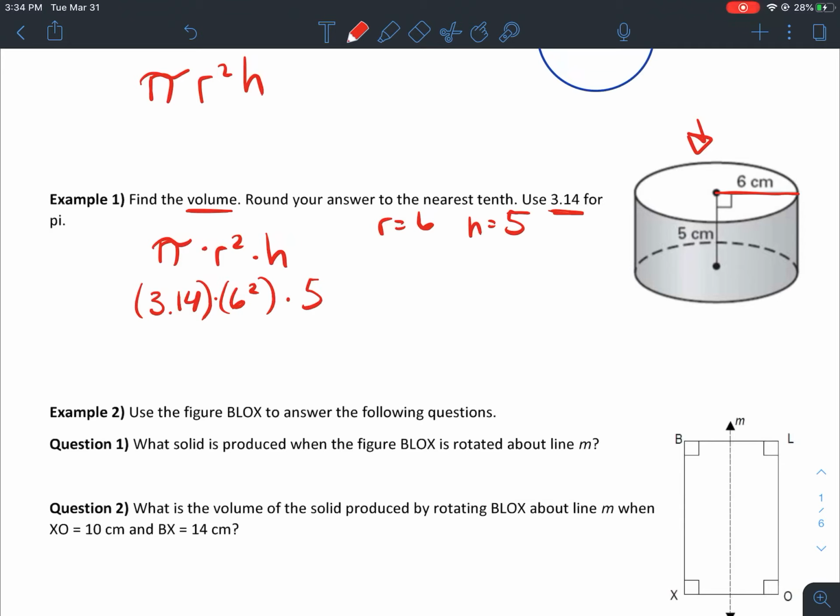So we can go ahead and plug this into our calculator. When you plug this in, you should get 565.2. Now, since this is volume, we are going to have centimeters cubed. And this should be your final answer.